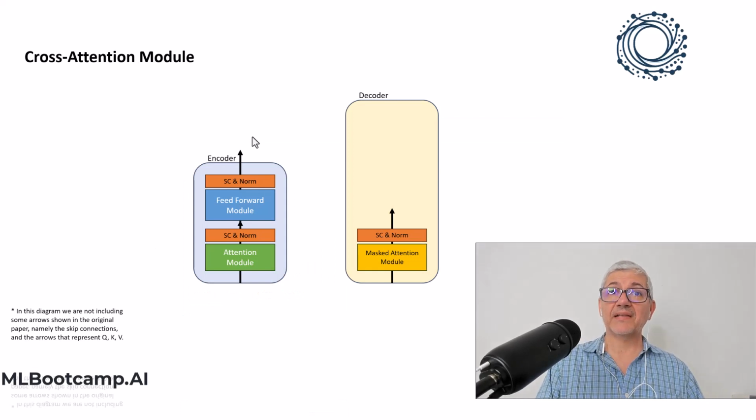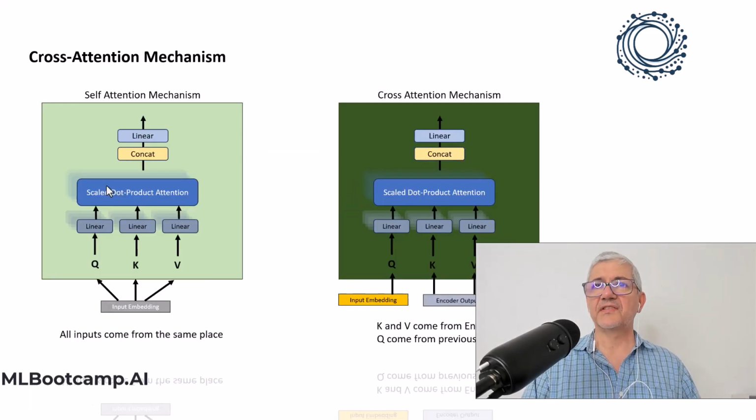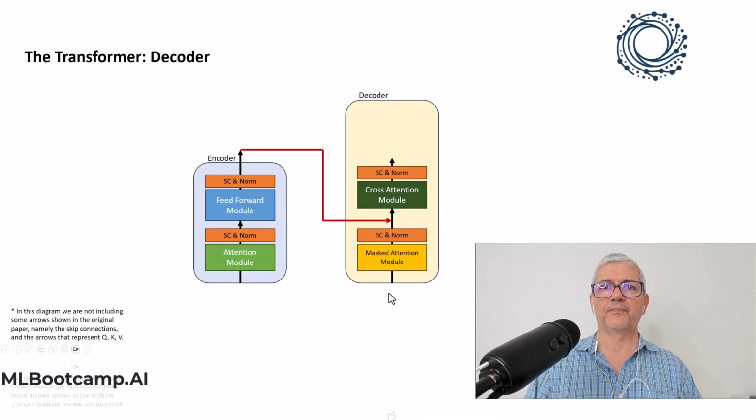Next, after the masked attention module, we have another attention mechanism called the cross-attention module. In the self-attention mechanism that we saw in the encoder, the input came from the same encoder, and with it we created the query, the key, and the values. In the cross-attention module, the key and the value come from the output of the encoder, and the query comes from the decoder.